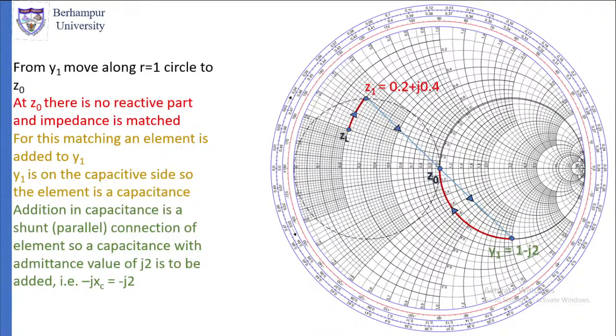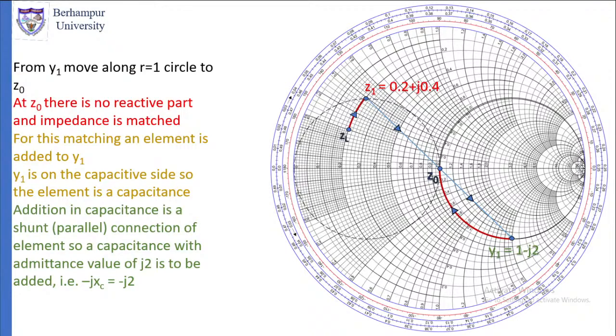Now we will move along this R equal to 1 circle. If we move along the R equal to 1 circle, then everywhere on that circle the resistance is 1. So from the point Y1, we will move along the R equal to 1 circle to Z0, which is the center of the chart.